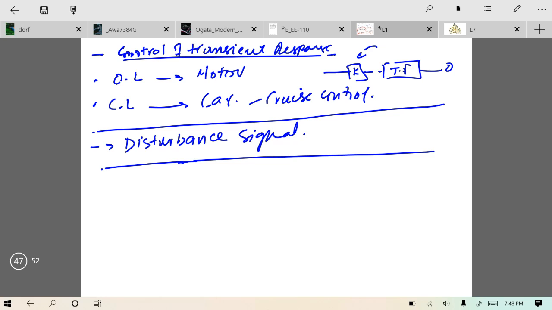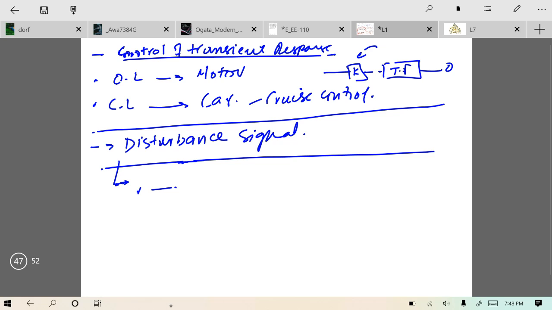One thing, in order to check the effect of disturbance on some specific output, I already discussed by the way, but let's recap: if I want to check what effect this disturbance has in our system, then what is the procedure?